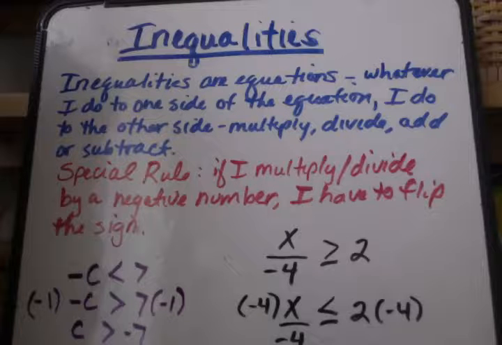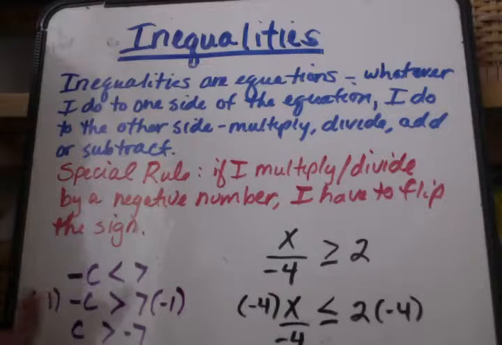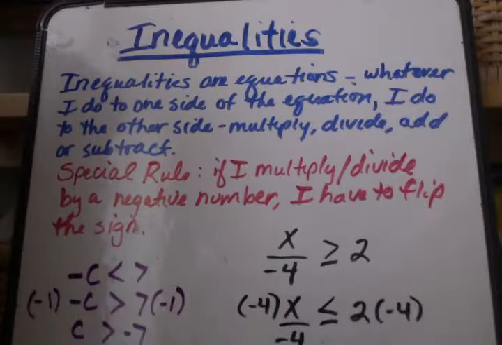So whenever I multiply or divide by a negative number, I have to flip the inequality sign. Just like in the last video, we flipped the sign when I swapped the variable and the number to one side or the other. So this is another occasion where we can flip the sign.